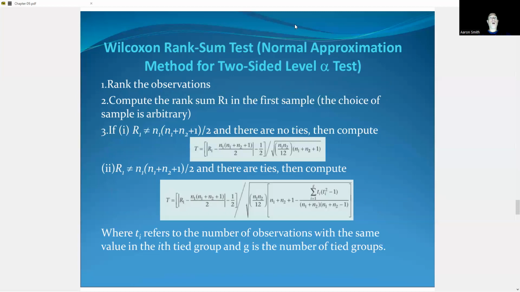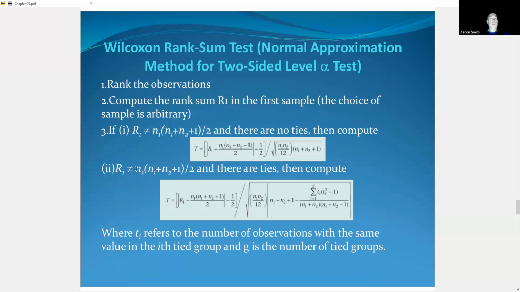All right, so now the Wilcoxon rank sum test approximation using the normal distribution for two different populations. I'm going to rank the observations. I'm going to compute the rank sum in the first sample. And now if the rank sum does not equal this, and there are no ties, then I'll go ahead and use this as my test statistic.